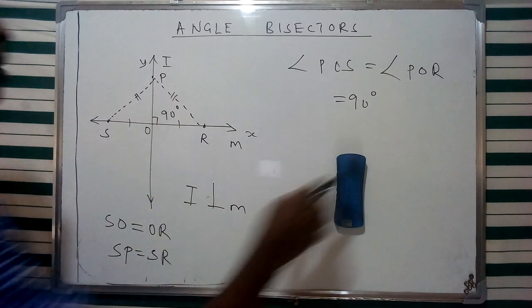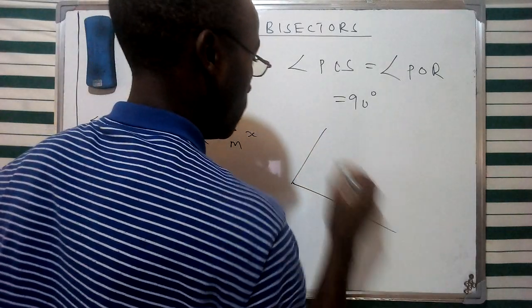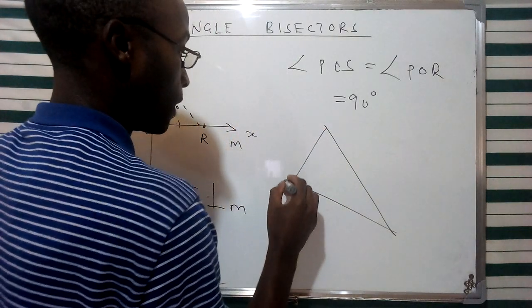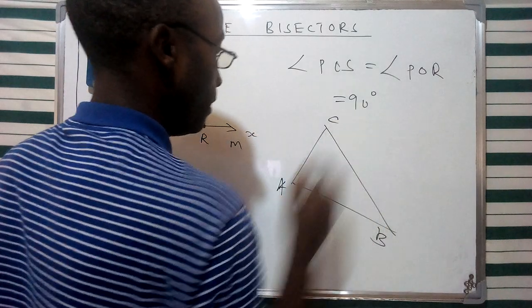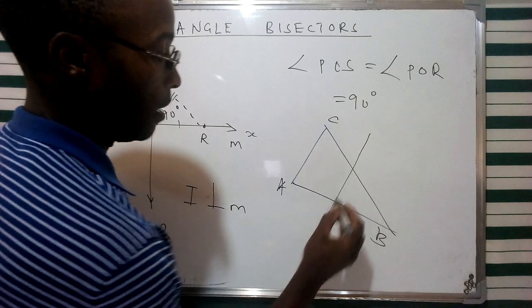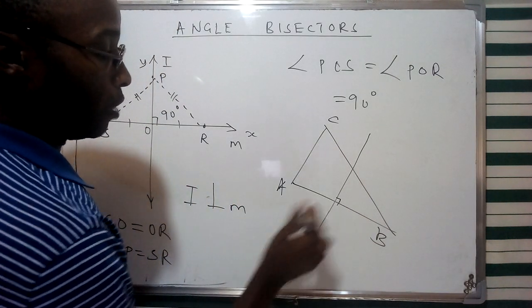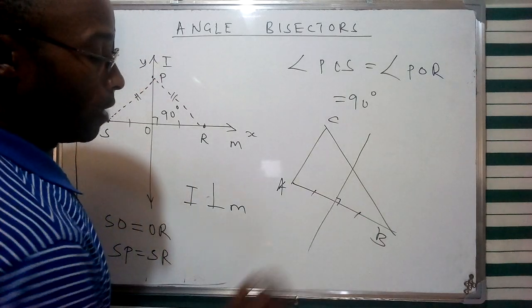And then we said that we can describe a perpendicular bisector of a specific triangle, whereby for triangle ABC, the perpendicular bisectors are going to divide the three segments of the triangle into equal parts, whereby this one is equivalent to this one.